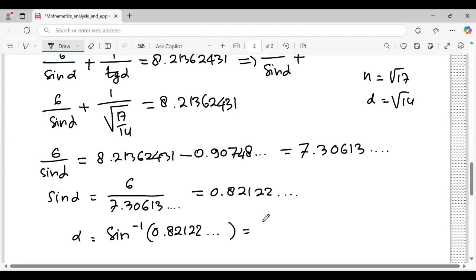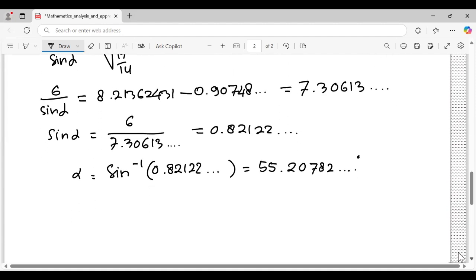And alpha is 55.20782 degrees. But we are going to convert into radians. If we convert, it should be multiplied by 3.14 over 180.